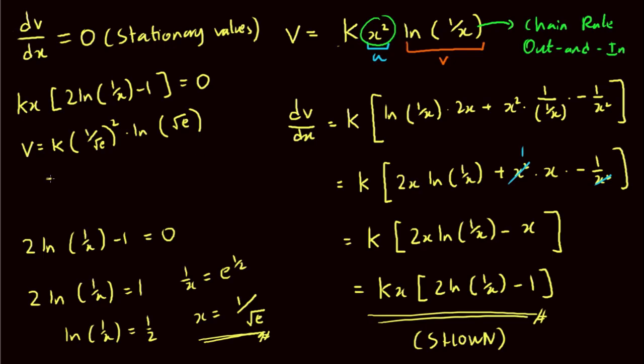So therefore your v would be, k is just a constant, you can forget about it, so just 1 over root e squared times ln root e.